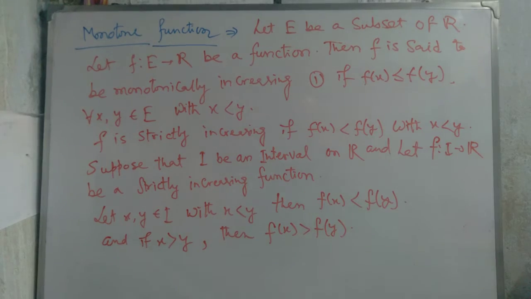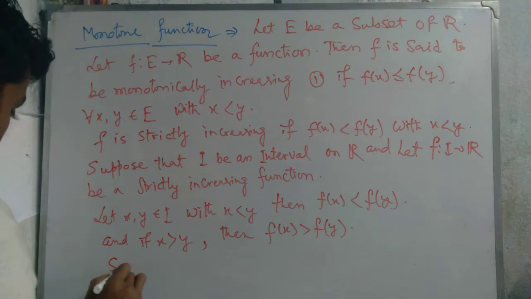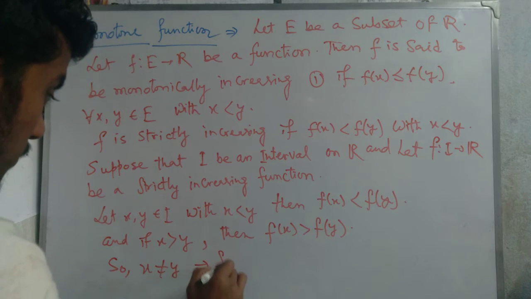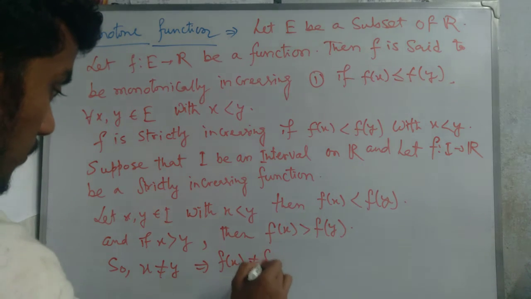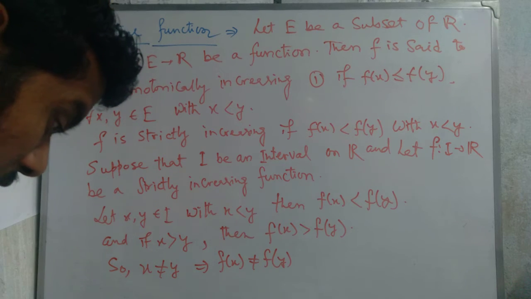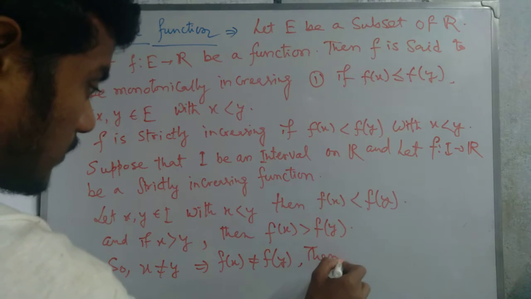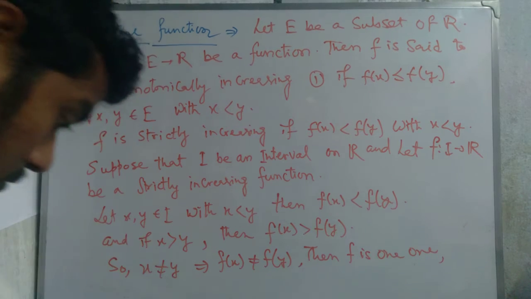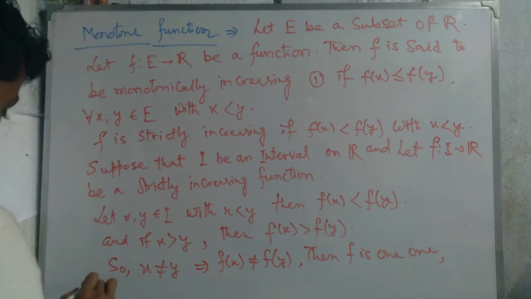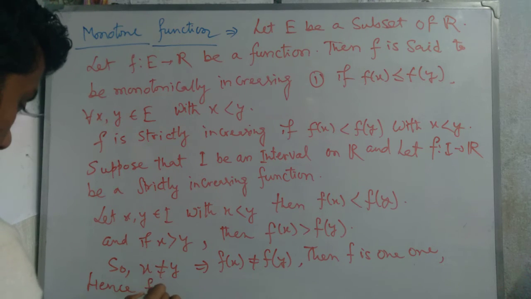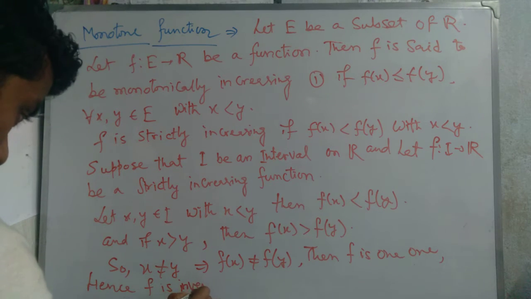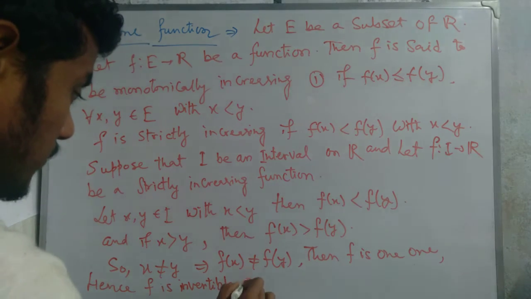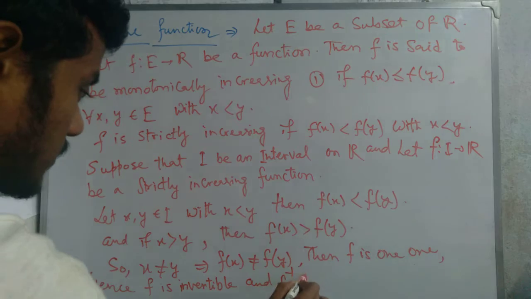So x not equal to y implies f(x) not equal to f(y), then f is one-one. Hence f is invertible and f inverse exists.